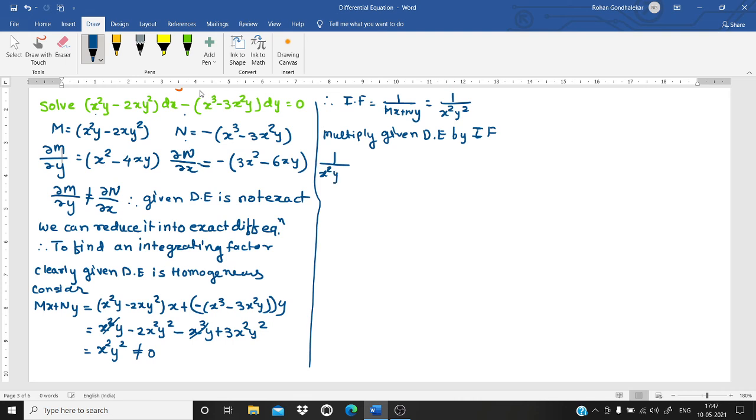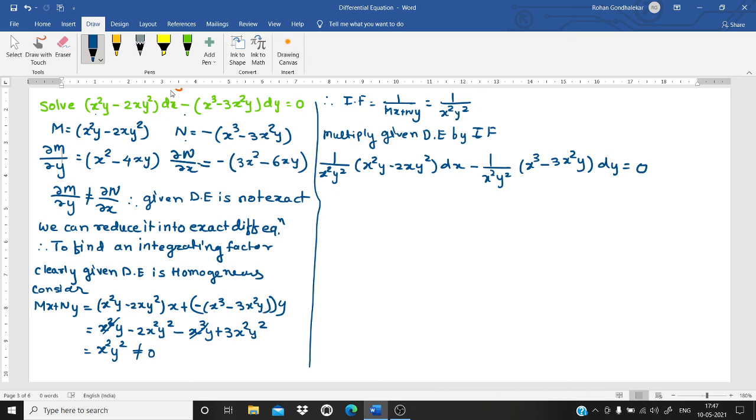So 1 upon x square y square into the first term, that is (x square y minus 2x y square) dx, plus the integrating factor into the second term, that is (minus x cube minus 3x square y) dy is equal to 0. So let's multiply the bracket by 1 upon x square y square.